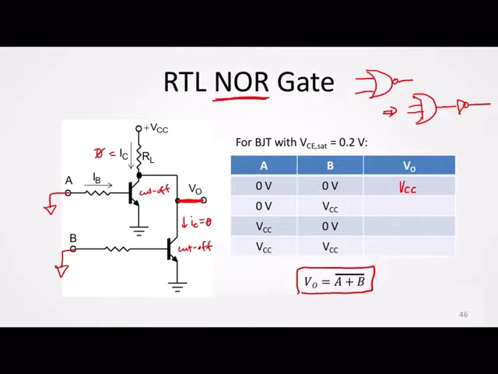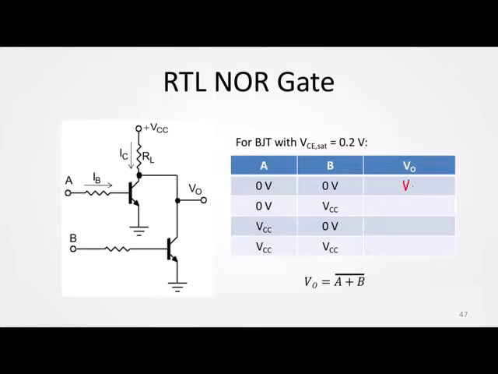Now, if we look at the other input, the second row here, the input A is grounded while input B is connected to 5 volts. So the transistor at the top would be in the cutoff region. The transistor at the bottom would be in saturation. In saturation, we will have a VCE that is equal to 0.2 volts.